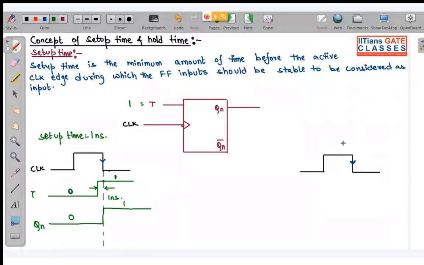Now see over here. If we assume setup time is equal to 3 nanosecond, that means what? For an input to be considered as a valid input, it should stabilize 3 nanosecond before the active clock edge.